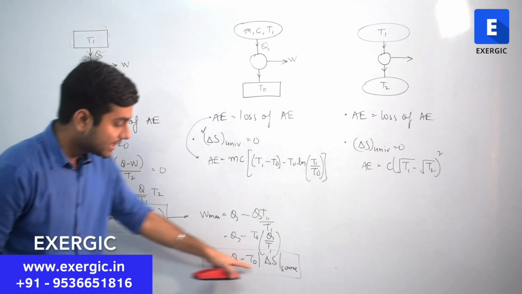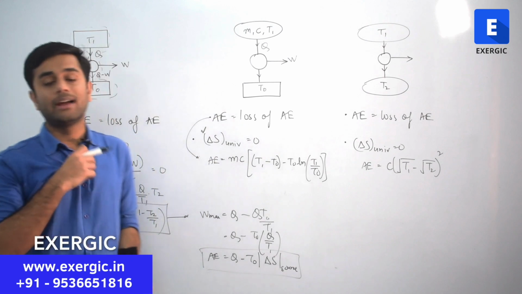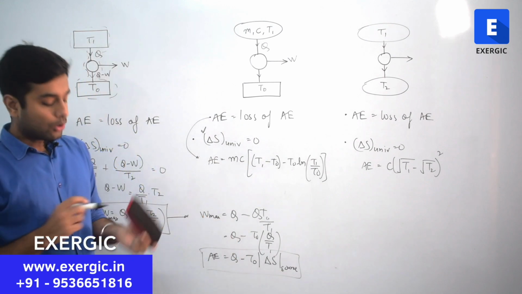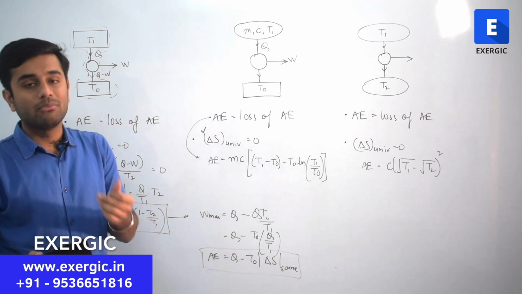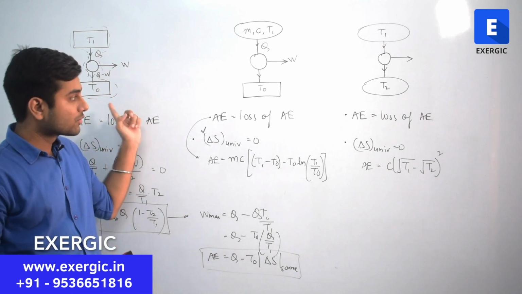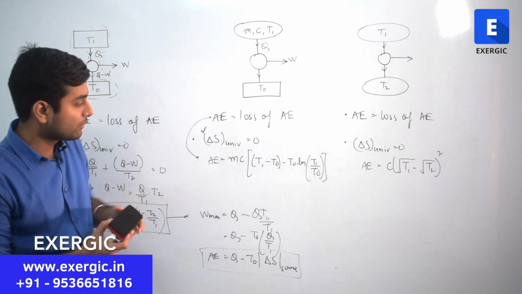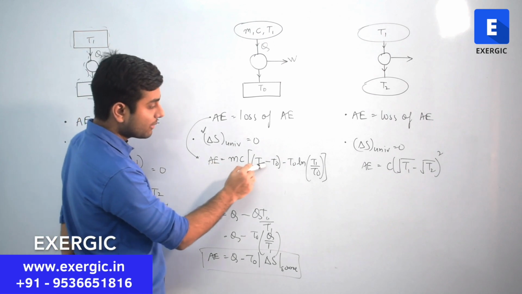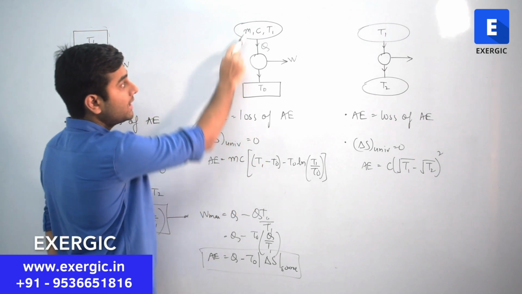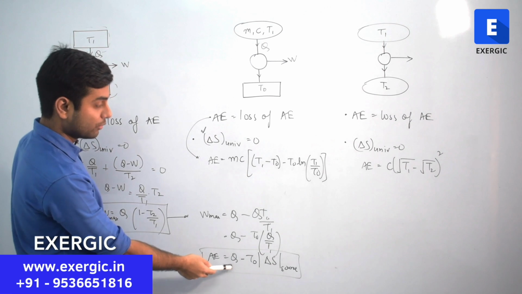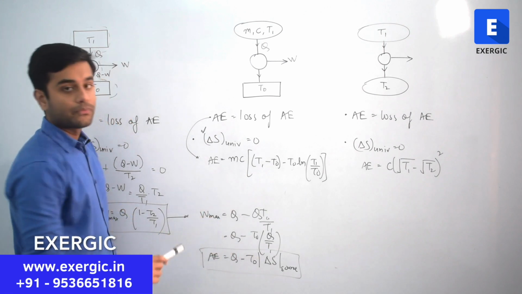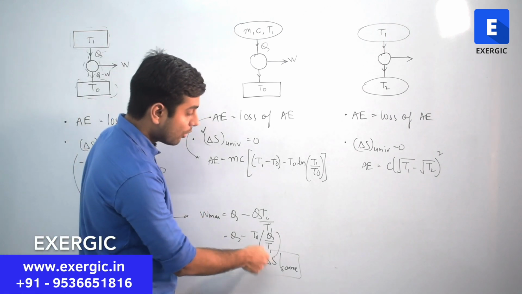So this is also an expression which is used sometimes, but I do not recommend learning this one, although it can become somewhat easy for you to solve this question or this question also, because here you see what is this: MC (T1 minus T naught). What is this? Total heat being transferred, which is Q only, minus T naught multiplied by delta S mod of source.